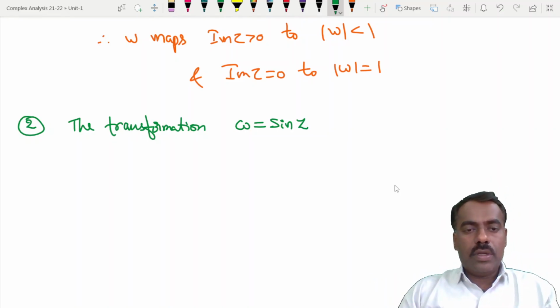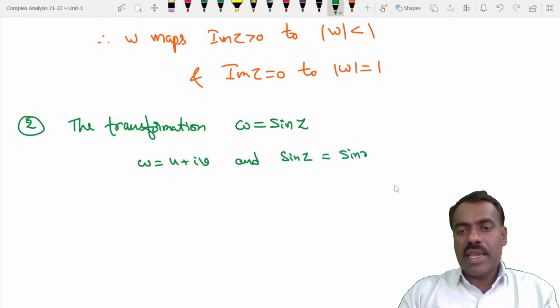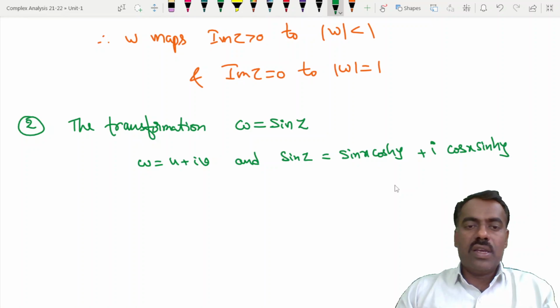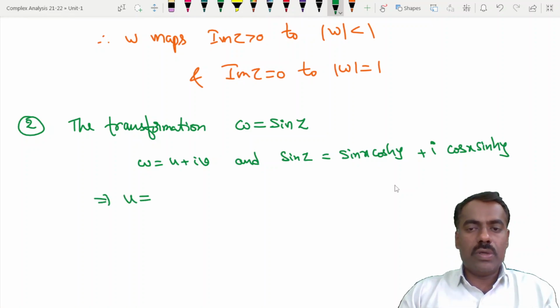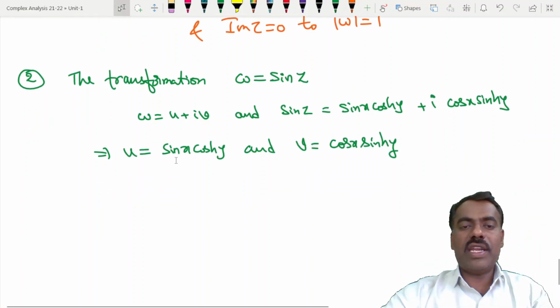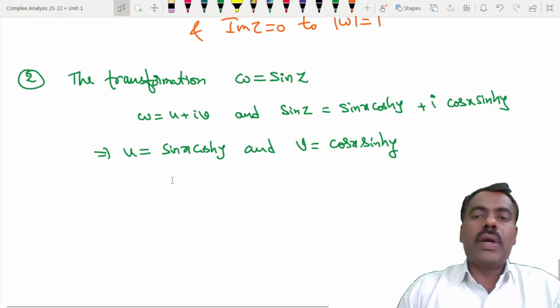If you call w as u + iv and write sin z as sin x cosh y + i cos x sinh y, that means we get u equal to sin x cosh y and v equal to cos x sinh y. So depending on x and y, we will get whatever u and v.